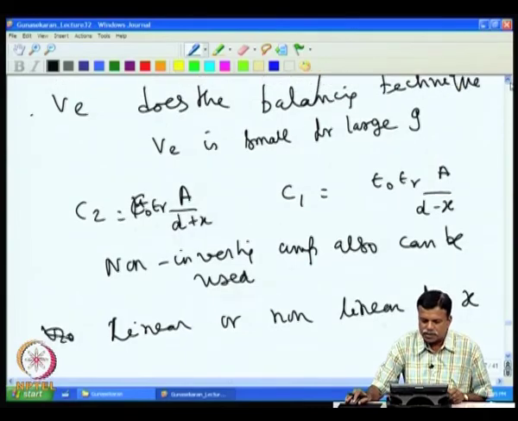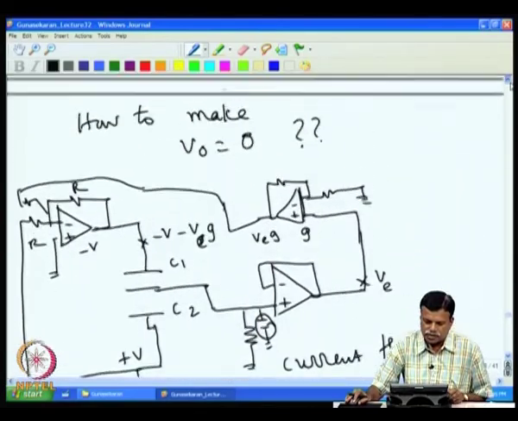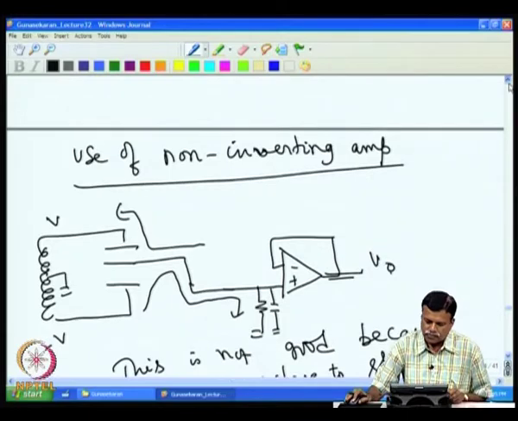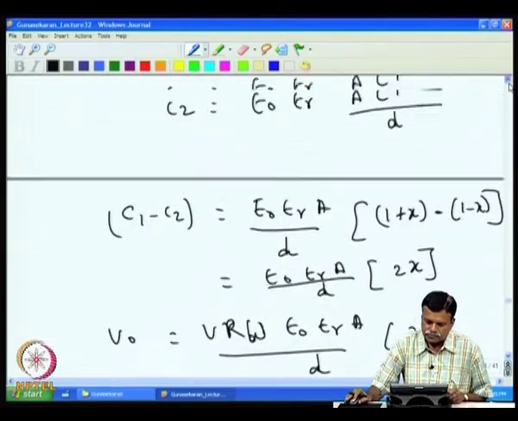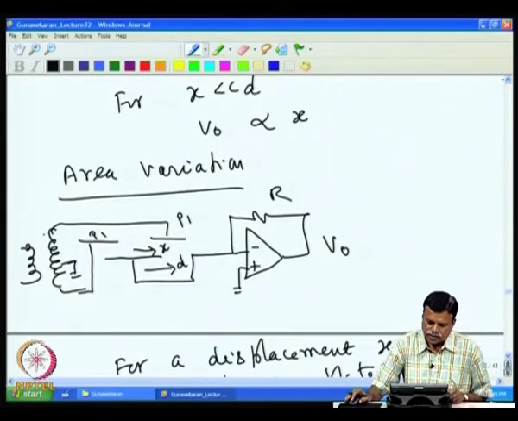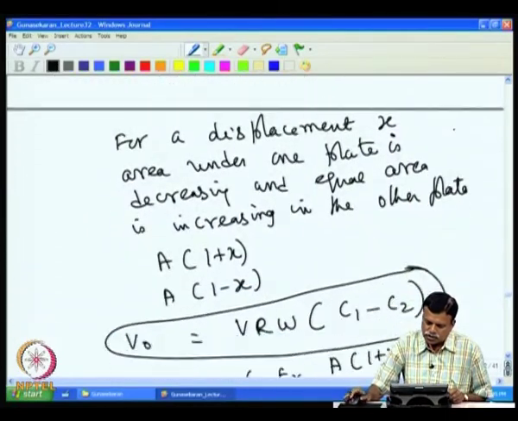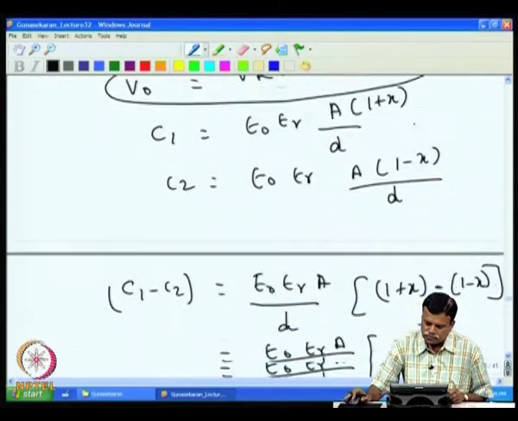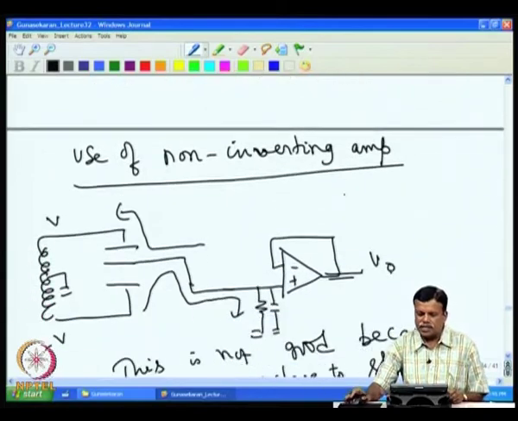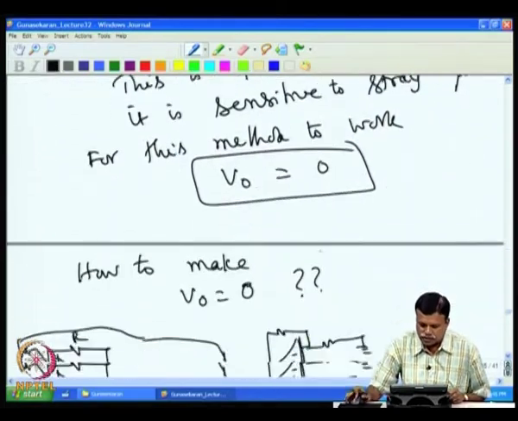Let me see what we had done in the previous class, whether it was derived or not. Area variation we had shown. So, the output voltage is linear, this we had shown in the previous class.